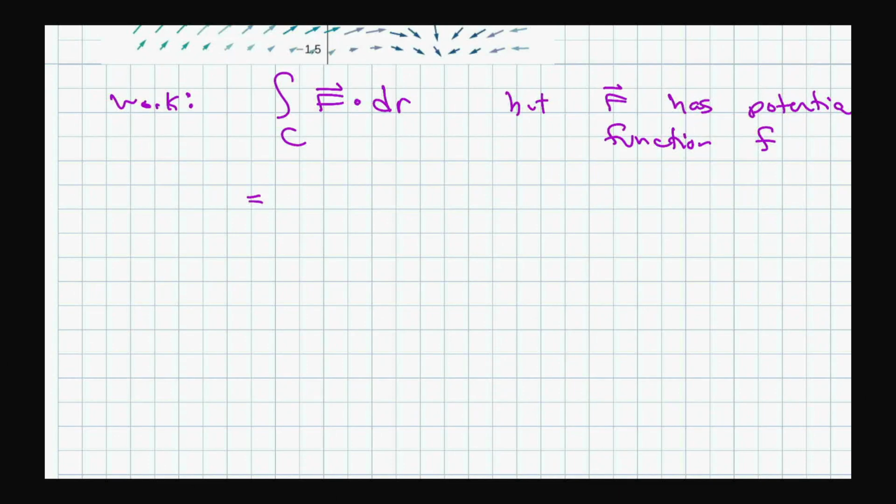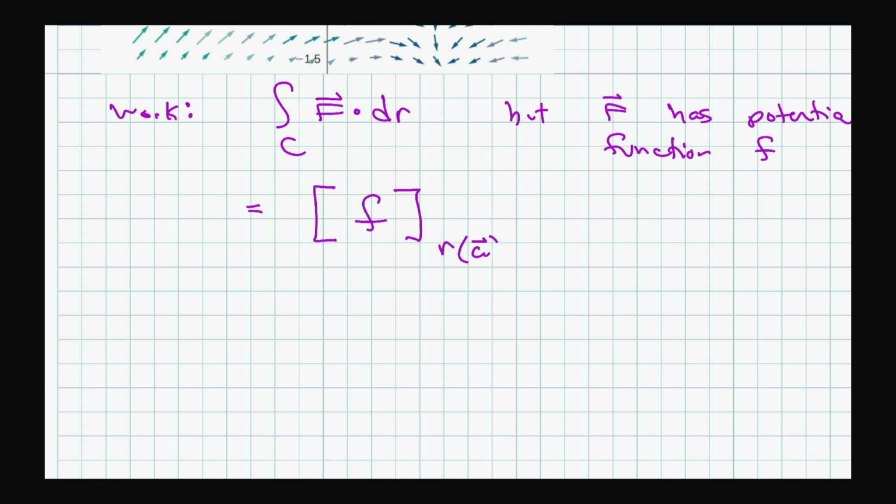So the fundamental theorem tells you that your integral is just little f evaluated from r of a to r of b. That's it. That's the fundamental theorem of line integrals. We just applied it.